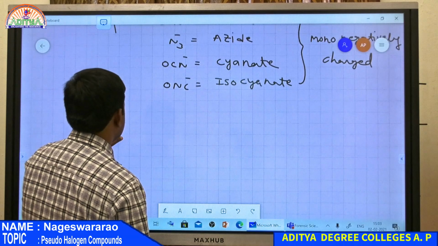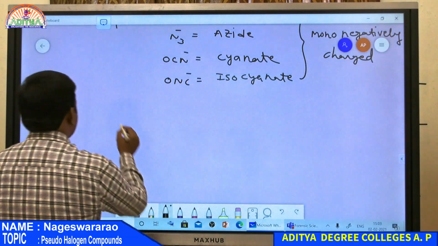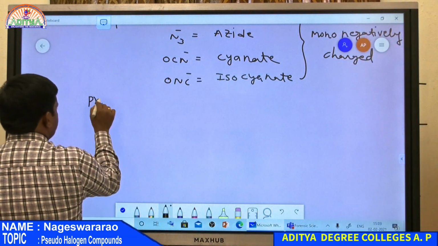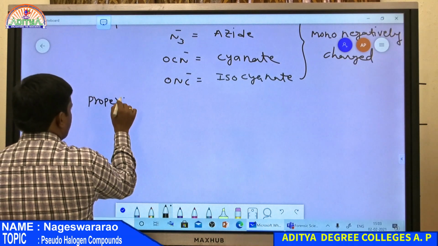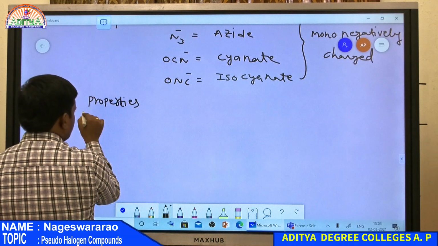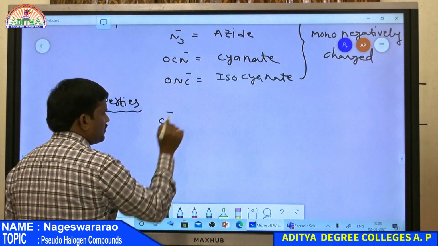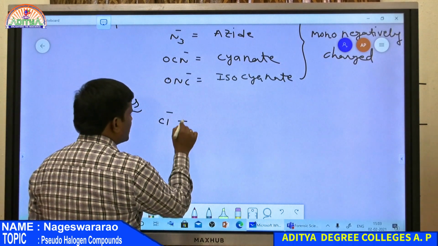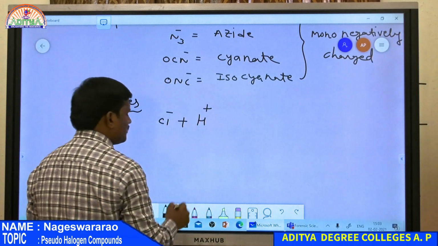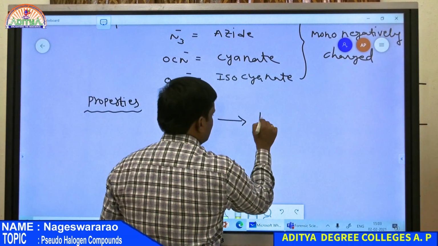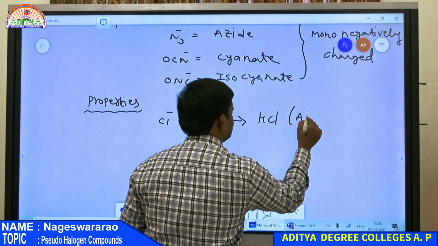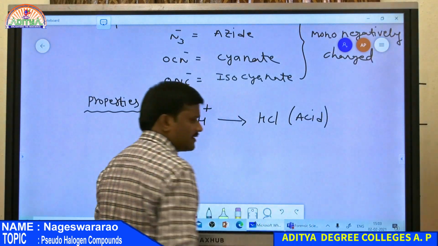So the first one is properties. Suppose any halide ion, that is Cl minus ion, is interacted with H plus ion, then it gives HCl, that is an acid. So what does it mean?